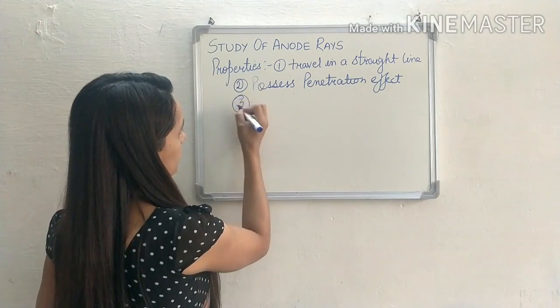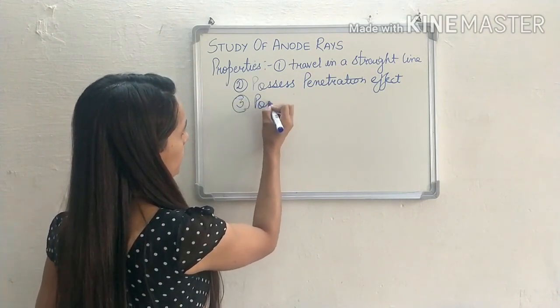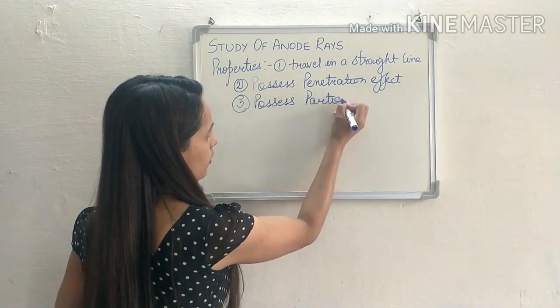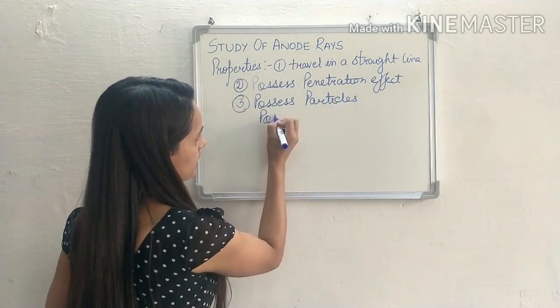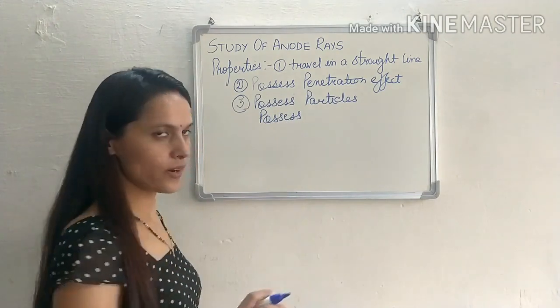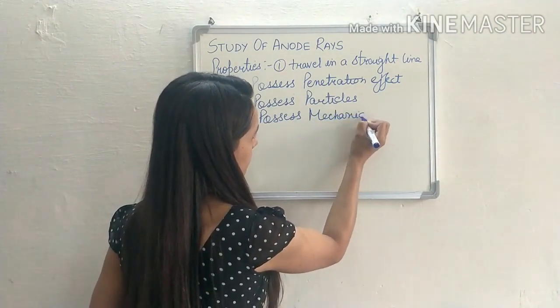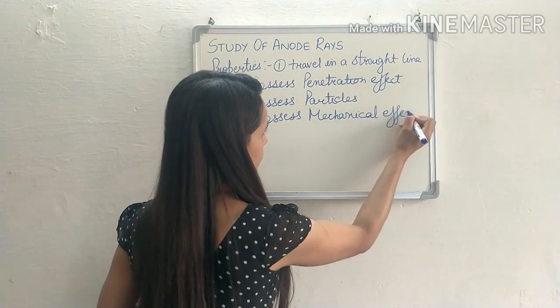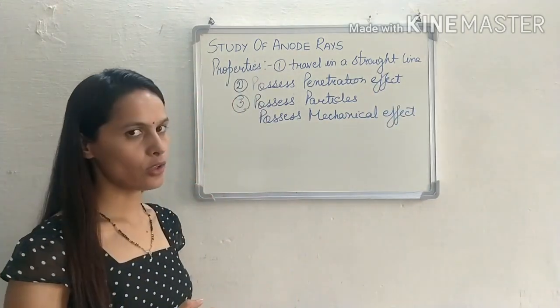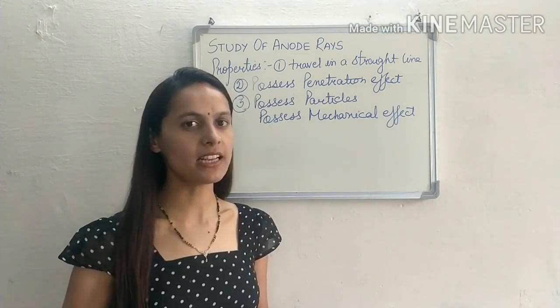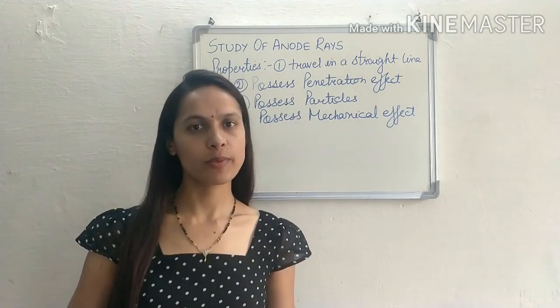Third point, anode rays are made up of particles, or anode rays possess a mechanical effect. Just like cathode rays, anode rays are also made up of particles, and anode rays cause a mechanical effect.